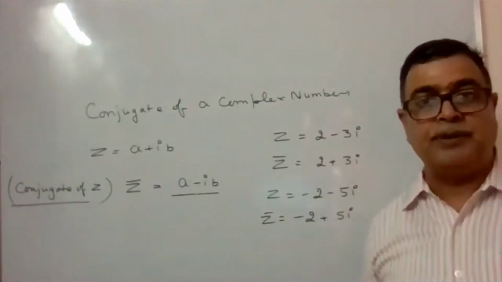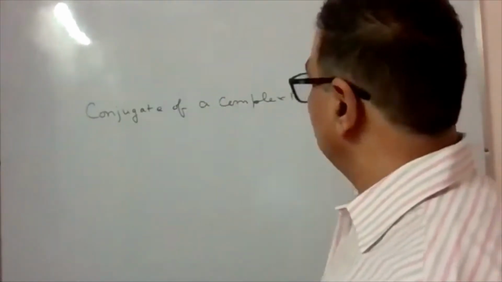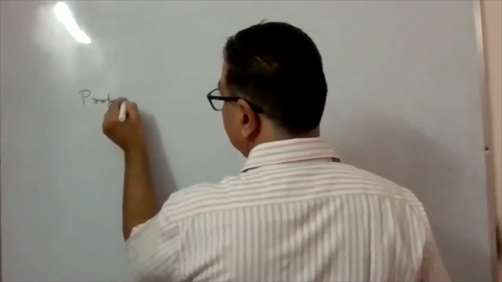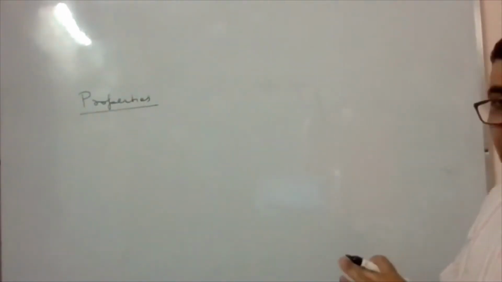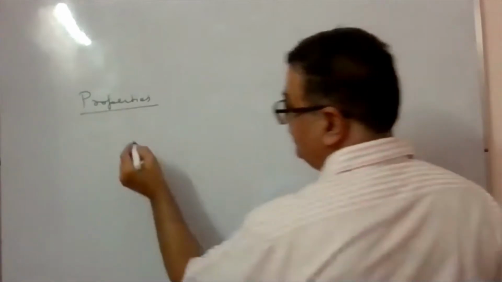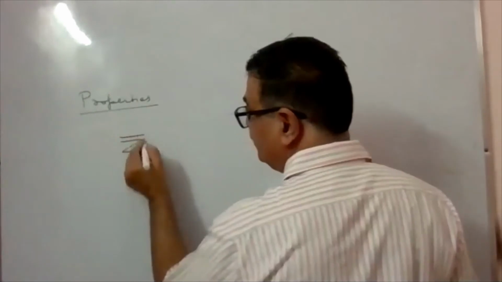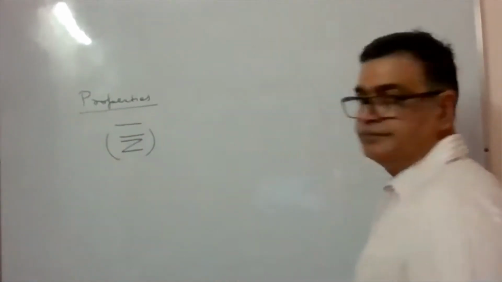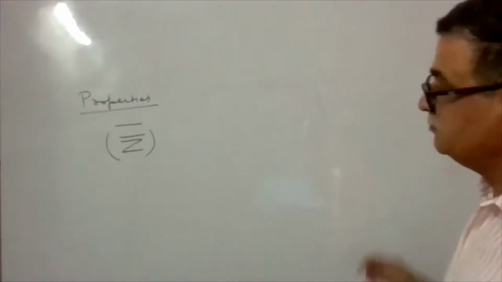Now coming on to properties of conjugate. The first property of conjugate says that if you have a complex number, you take its conjugate and then you take a further conjugate. When you take the conjugate twice, what will you get?